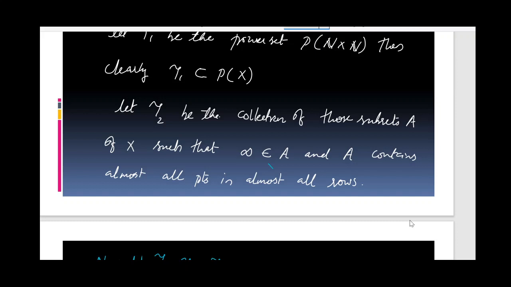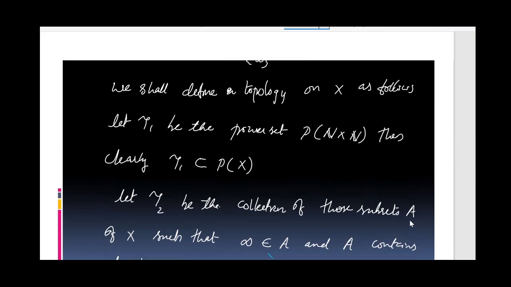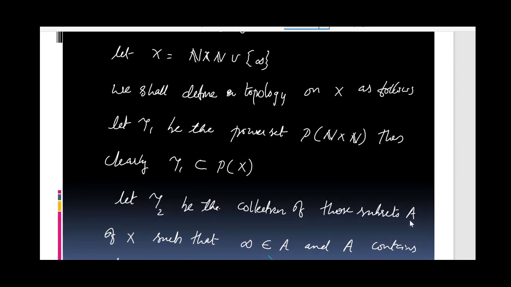And next, the Sierpinski space. Remember, it is an example of the smallest topology which is not induced by a metric.